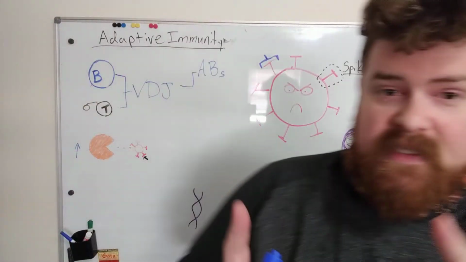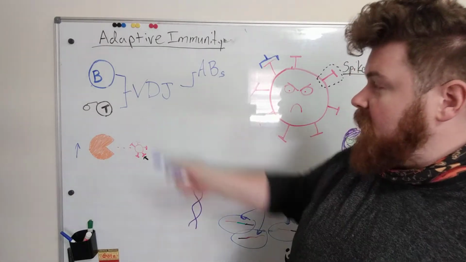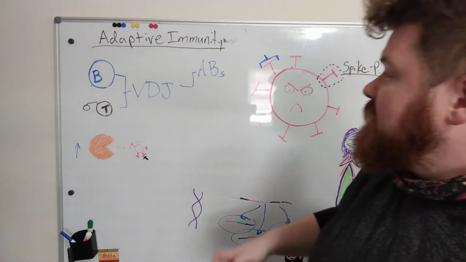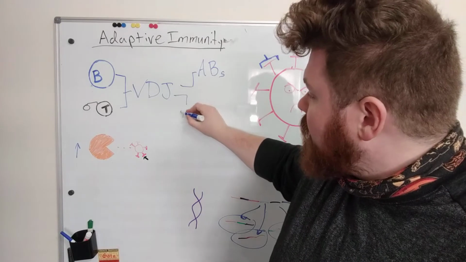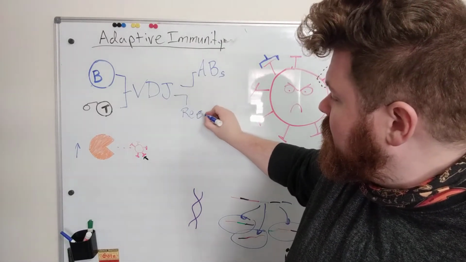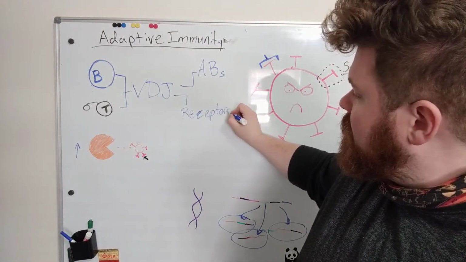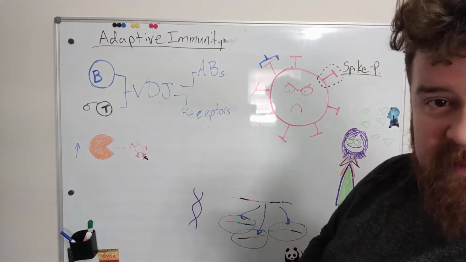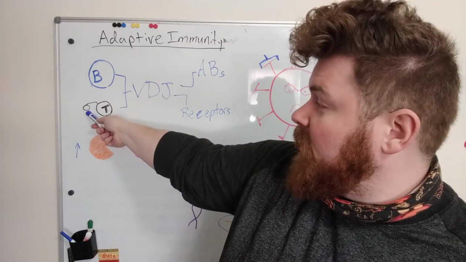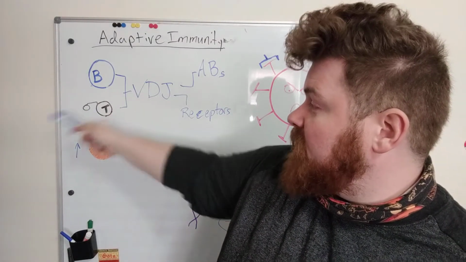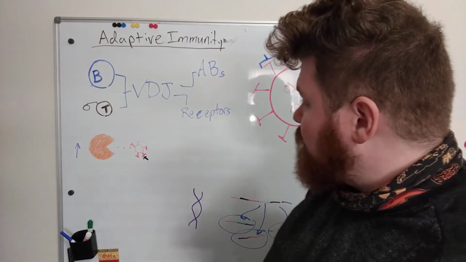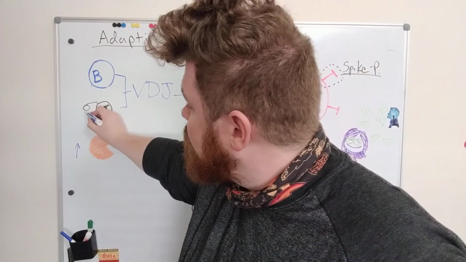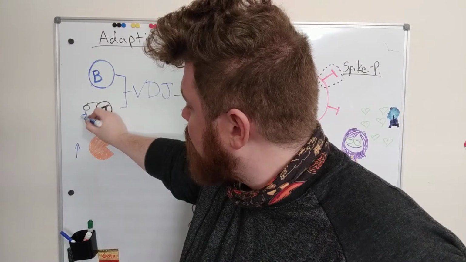Now the T cell has the same thing, the VDJ recombination event, except its job is to make receptors. Basically, receptors are going to attach, see this little helper guy, his little friend on this T cell? The receptor is going to attach to this guy, okay?